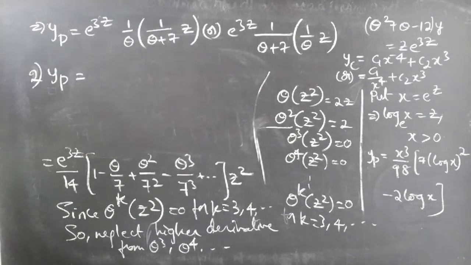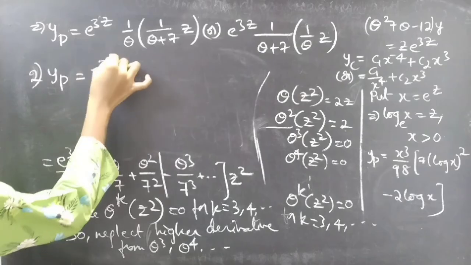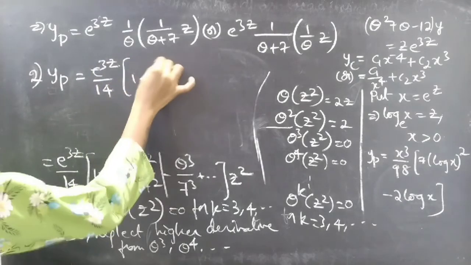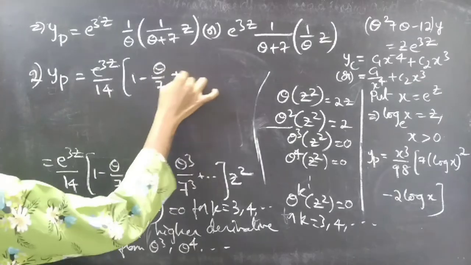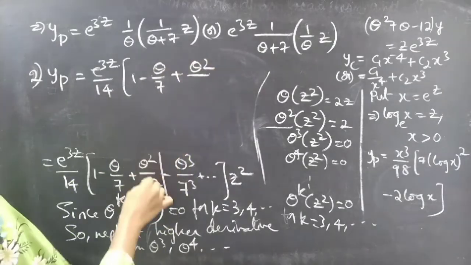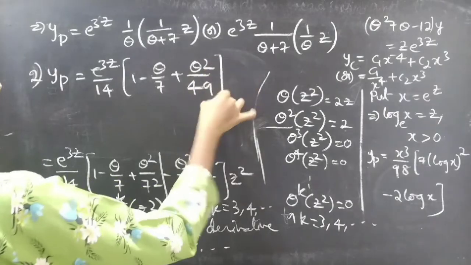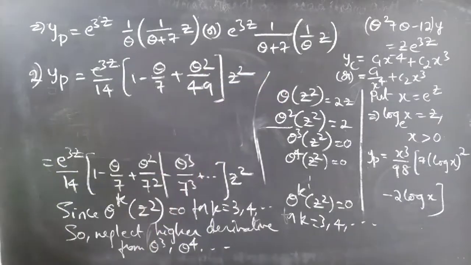So we are going to neglect all the terms from here. Then we'll get yp equals e power 3z by 14 into (1 minus theta by 7 plus theta square by 7 square, that is 49) into z square.